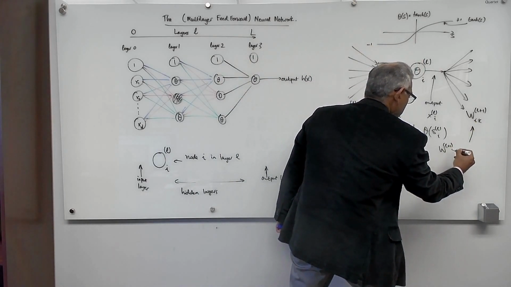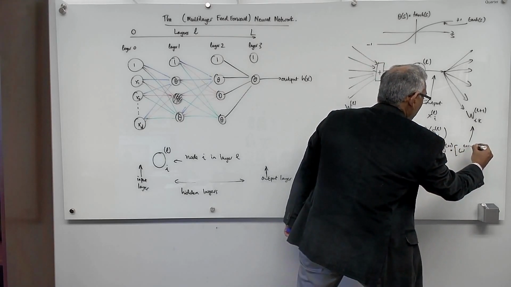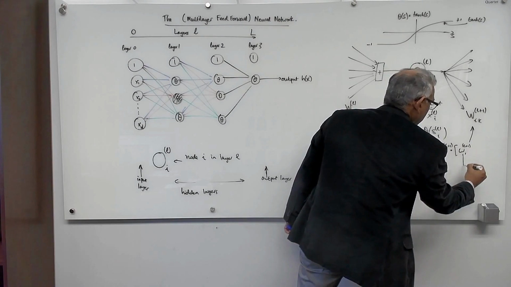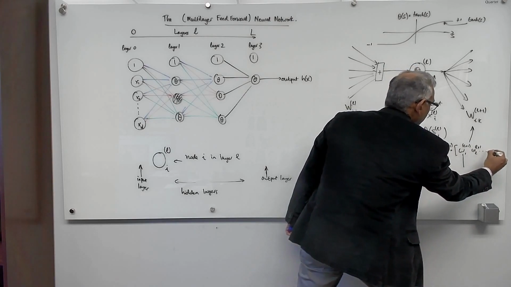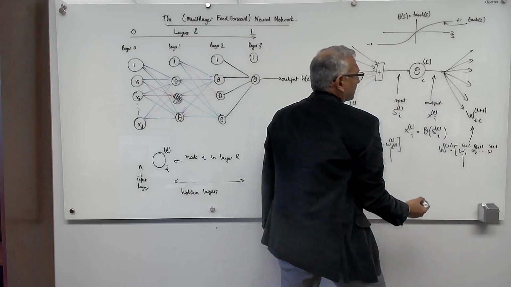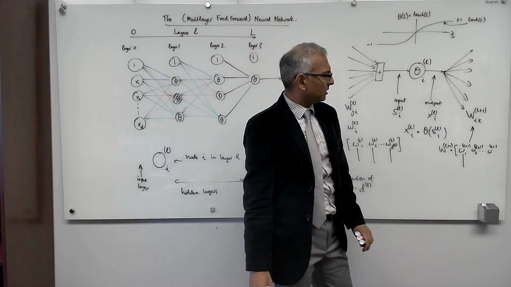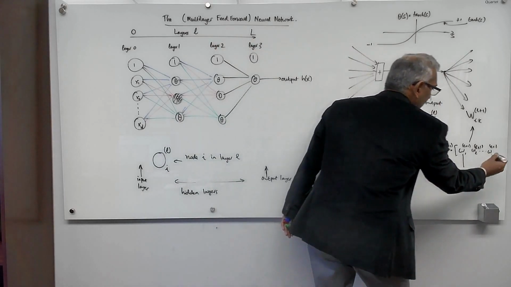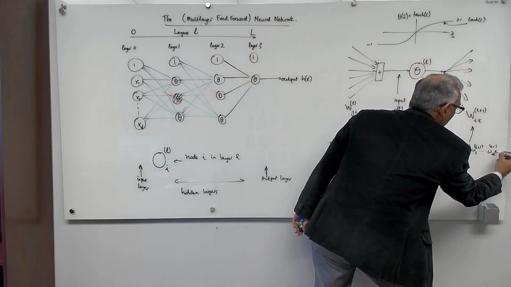Similarly, we can store WL plus 1 as a matrix: WL plus 1,1, WL plus 1,2, and so on. So the weights going into layer L plus 1 will have dimension DL plus 1.